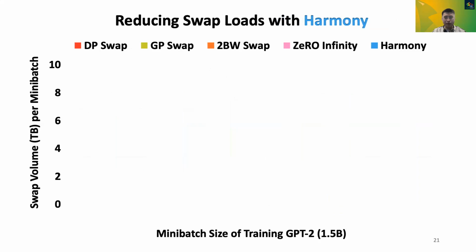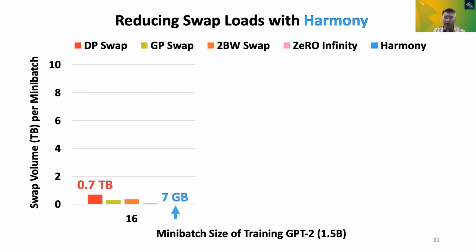To understand the speedup, we compare the swap load for all approaches and plot their global swap volume in terabytes on a single mini-batch. At mini-batch size 16, the baseline DP swaps 0.7 terabytes of tensors, but Harmony swaps less, only 7 gigabytes, reducing swap load by 100x.